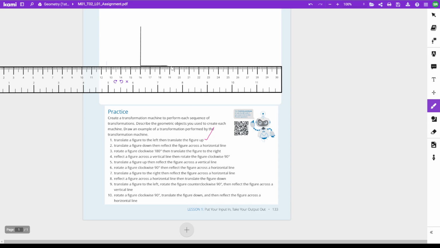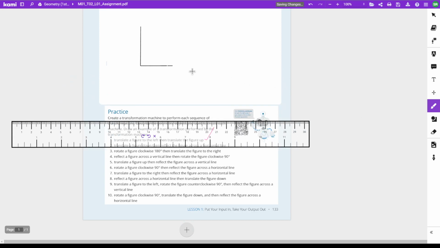So there we have our 90-degree rotation angle. And it says rotate the figure clockwise 90 degrees.